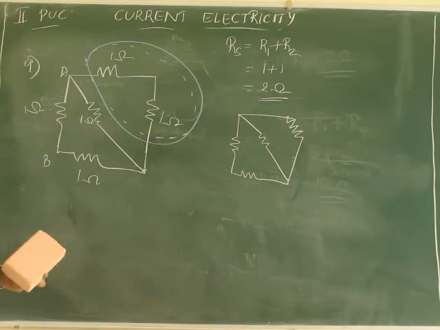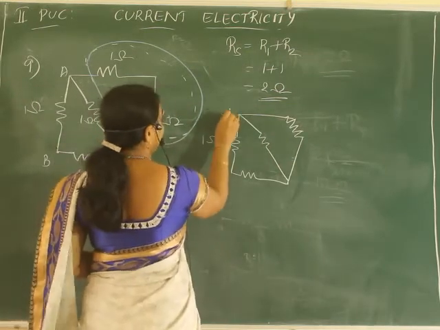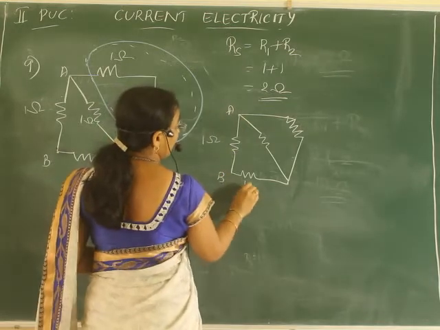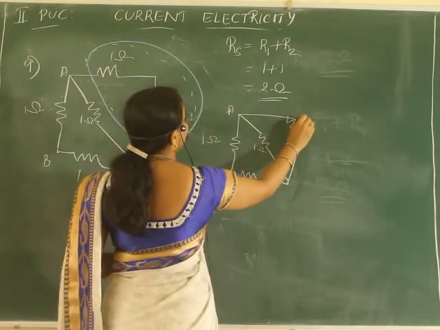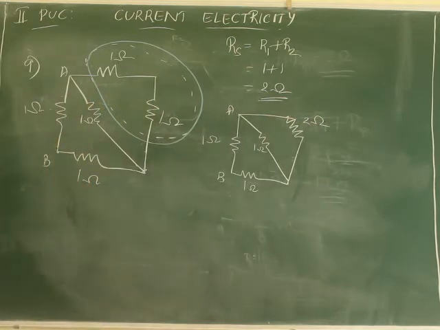Correct? It has become 1 now. I'll mark it now. 1 ohm. A is here. B is here. 1 ohm. 1 ohm. And this is now 2 ohm. Correct? 2 ohm.